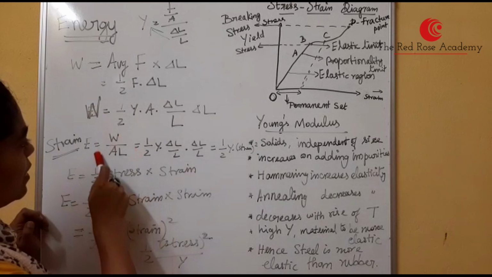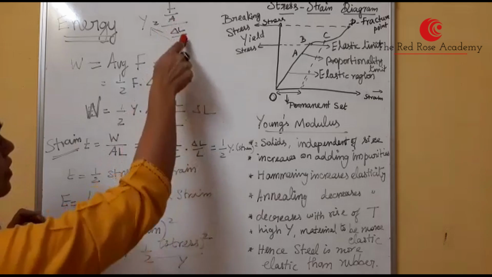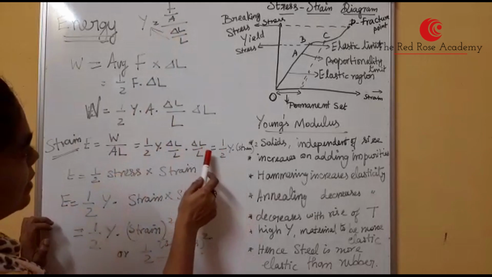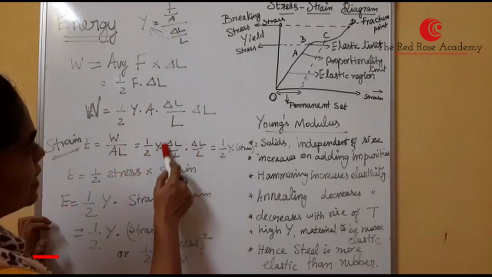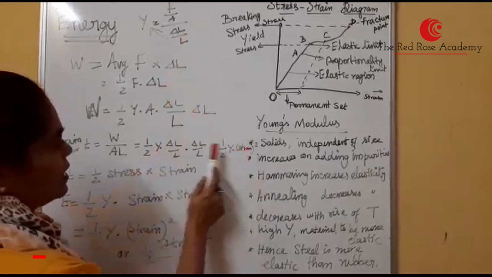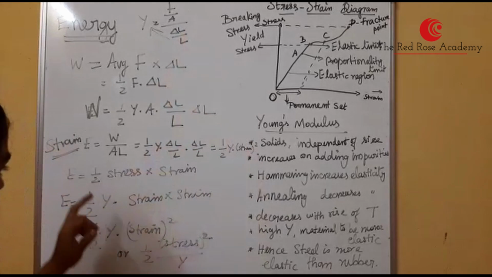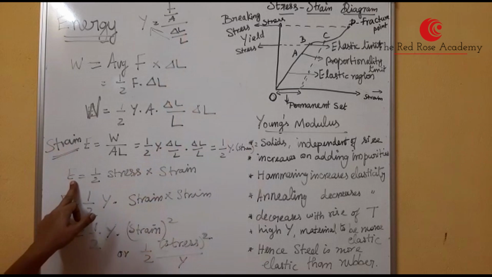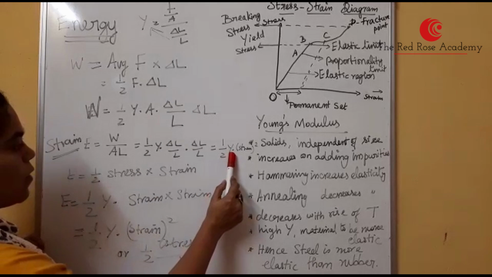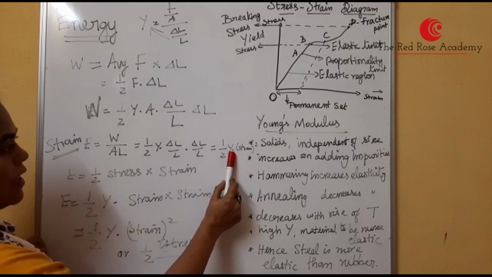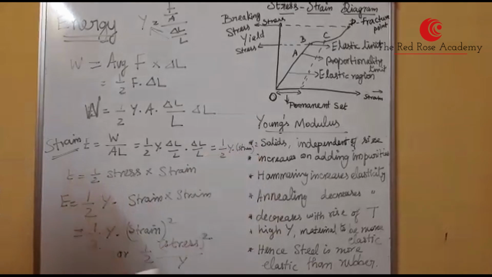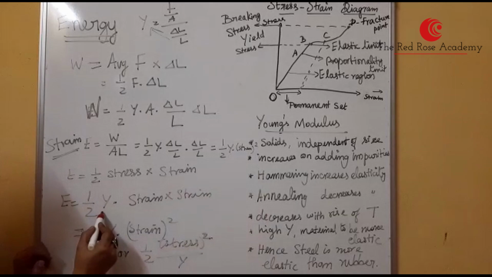Substituting the area and length, you get delta L by L into delta L by L. So you will get half into Y into strain squared, where delta L by L is the longitudinal strain. So energy is equal to half Y into strain squared.